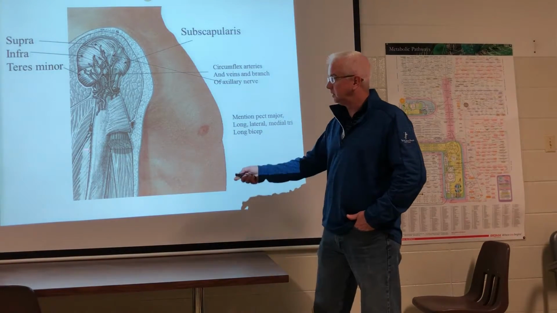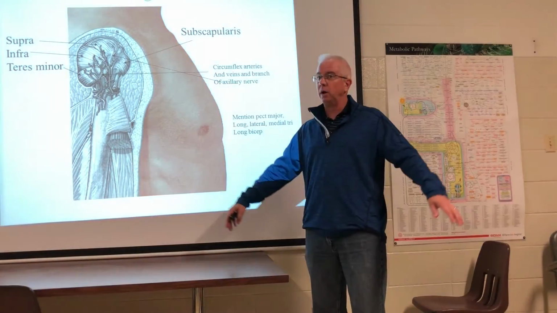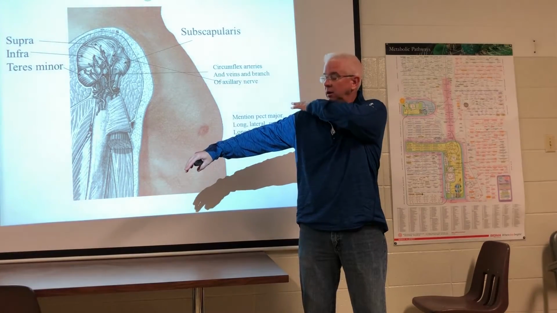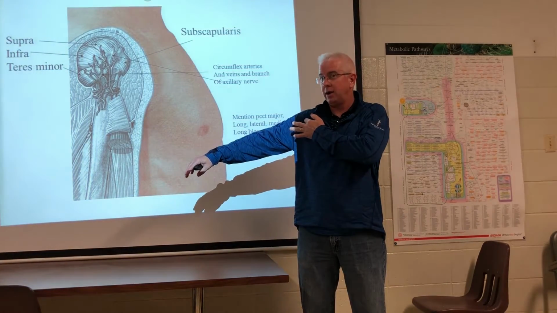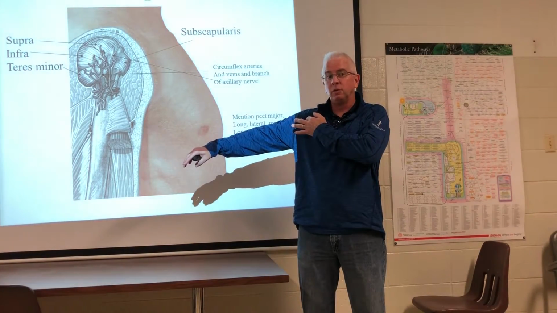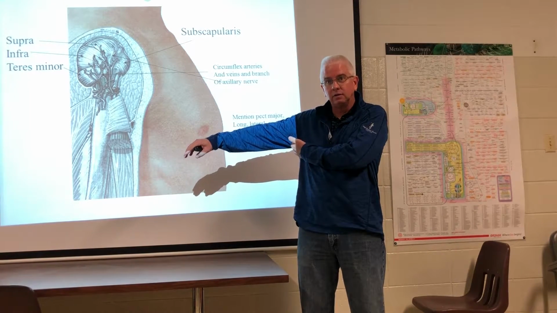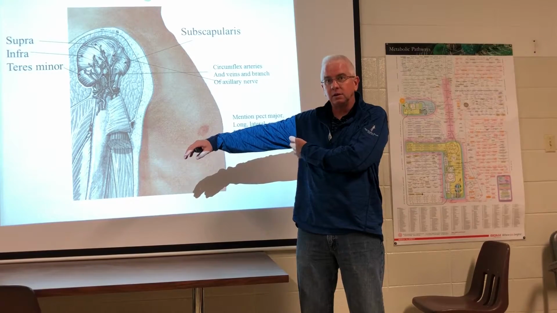If I lift my arm this way and I abduct it, I have these tendons across here and I have one right here. Where's the support missing now? Under here. Yes? The support under here is missing.